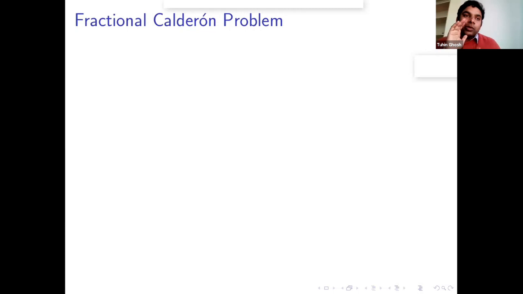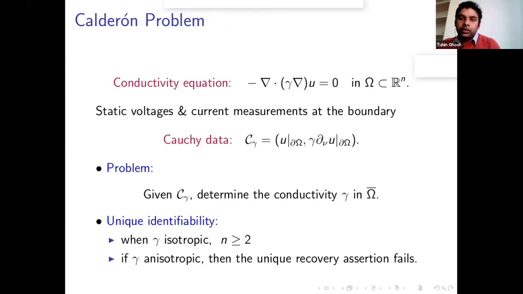I just want to tell you the problem first, or the kind of idea that the problem carries, and then we'll get into that, because you can formulate it in many ways. Even in the first talk, you have seen that instead of the conductivity equation, it was reduced to the Schrodinger equation.